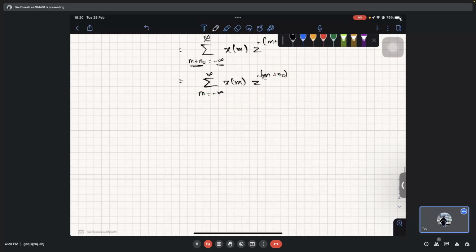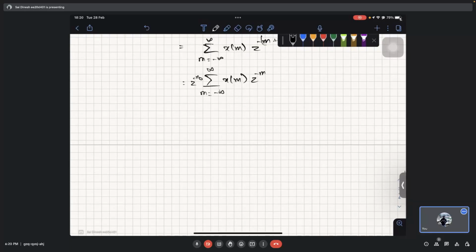So what we do is the sum over m from minus infinity to infinity of z power minus n naught, x of m, z power minus m. We see here this is equal to x of z.